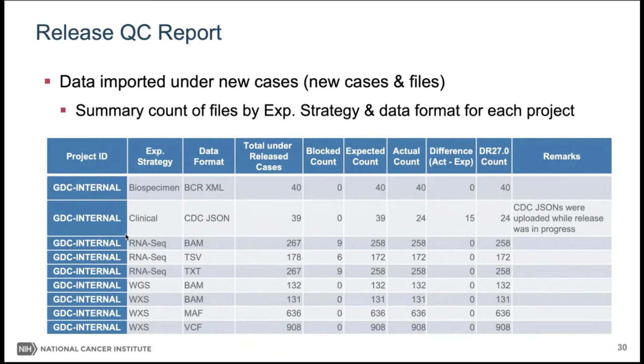This segregation between existing and new cases helps us to track the release more smoothly and stop unwanted files being released by mistake. For the next set of slides, I'll let Bill take the control. Thank you, Bill.